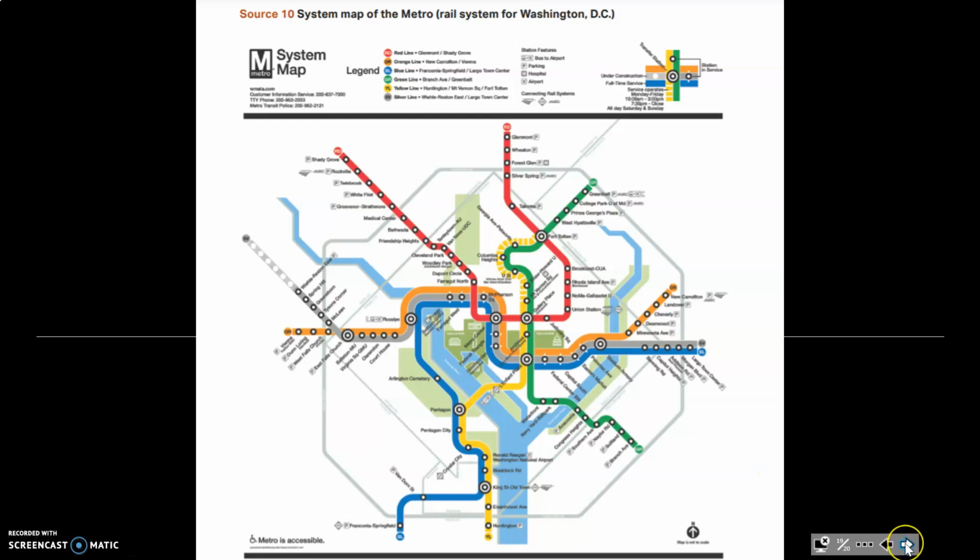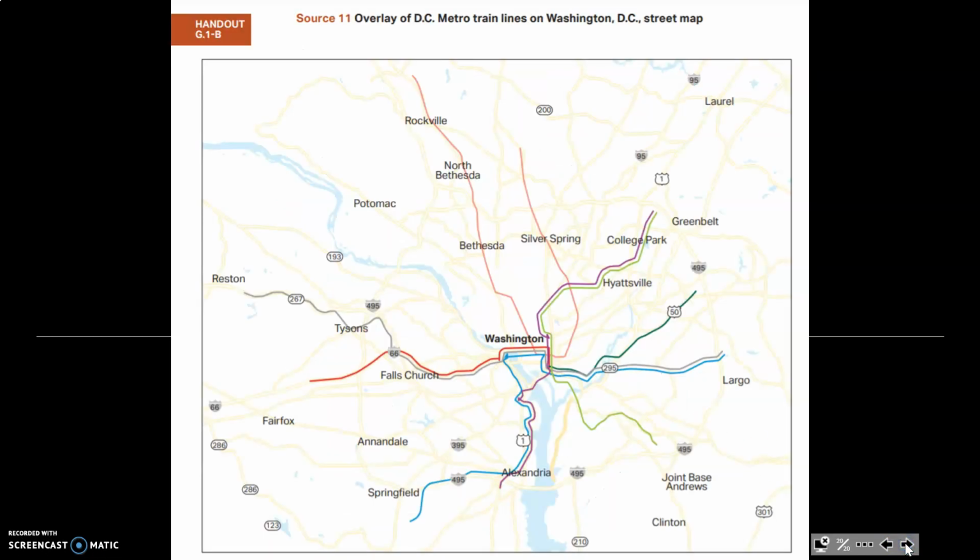And then we're going to compare that to a similar map. So source 11, we also have those metro lines, that's what all these colors are, but now we have that overlaid on a DC street map. And so we're going to look at, is the information shown the same? What would be the purpose of each of these maps?